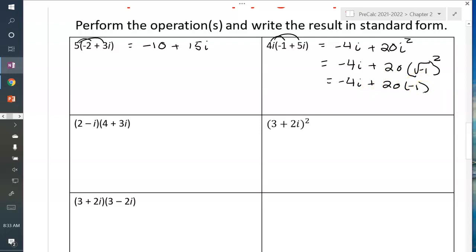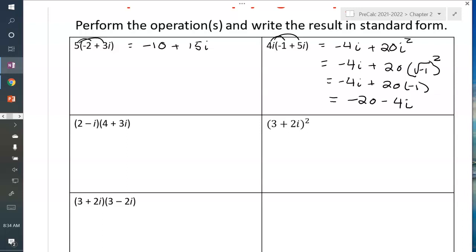For that reason, I don't want to see any answers with an i squared in them because that simplifies to negative 1. So this one is negative 20 minus 4i. Make sure you're simplifying.